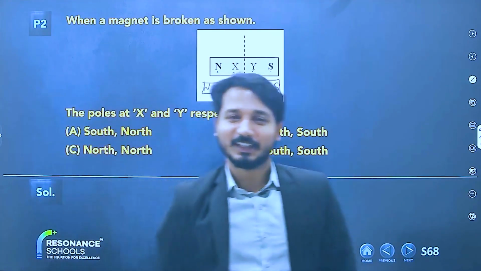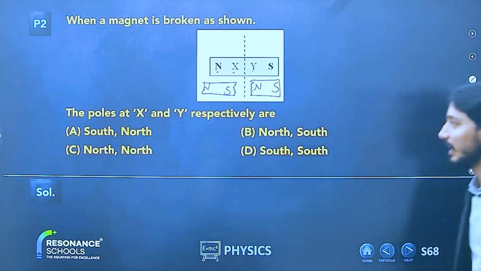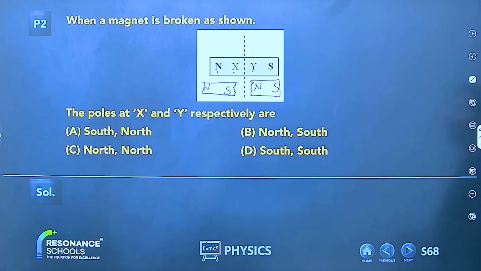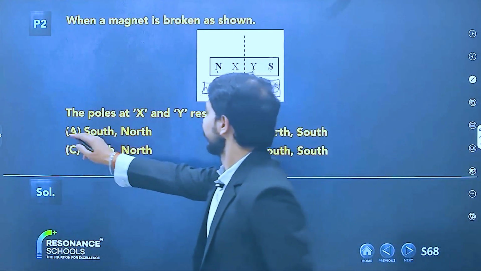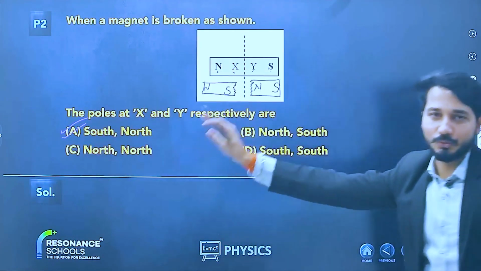Clear? So the correct answer for this question is south and north, option A.